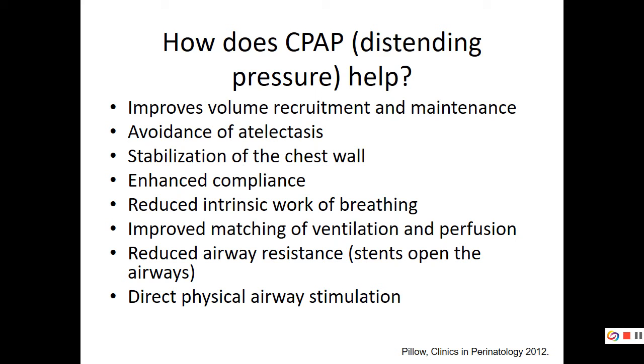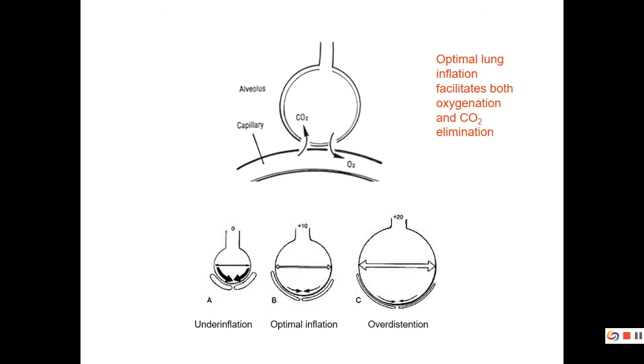And that can decrease their work of breathing, improving the ventilation and perfusion mismatching that we talked about by keeping the alveolus optimally inflated. It reduces airway resistance, right? We stent the airway open, that widens the diameter. We talked about Laplace's law and Poiseuille's law. And now you know the math behind it. So lots of ways CPAP helps.